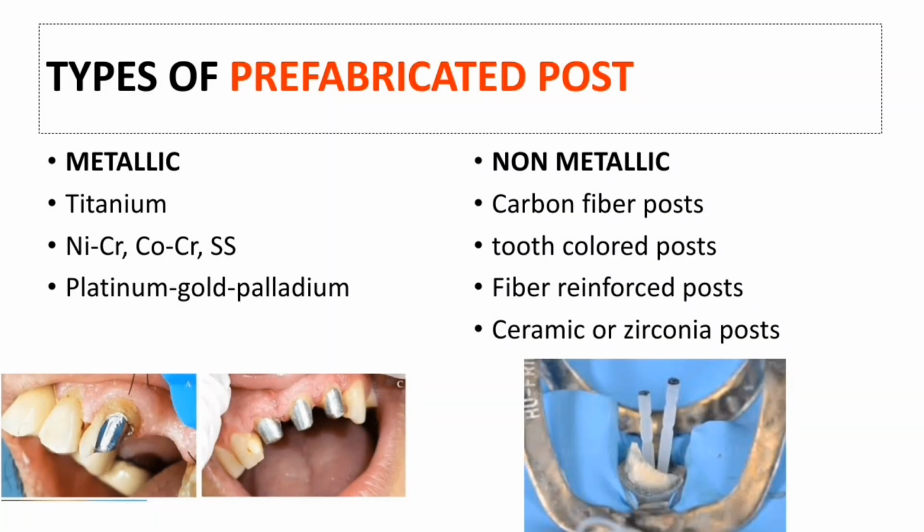We divide prefabricated posts on the basis of material, metallic and non-metallic. Metallic prefabricated posts are titanium, nickel chromium, cobalt chromium, stainless steel, platinum, gold, and palladium. The non-metallic are carbon fiber posts, tooth colored posts, fiber reinforced posts, and ceramic or zirconia posts. In the picture below, the blue one is a fiber reinforced post.